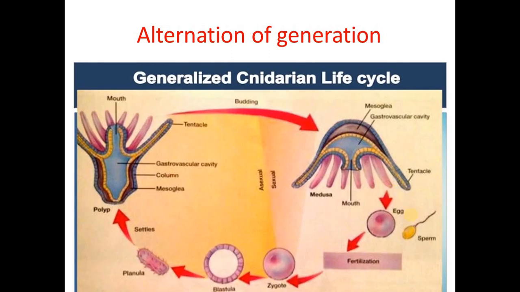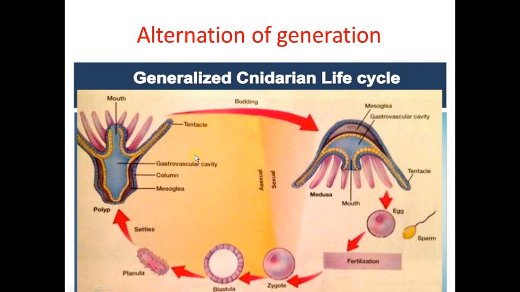Alternation of generation means polyps alternate with medusa and vice versa, medusa to polyp and polyp to medusa. The polyps produce medusa asexually, whereas medusa forms the polyp sexually.